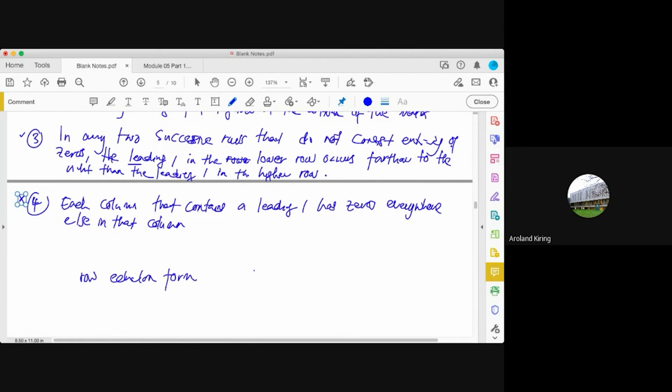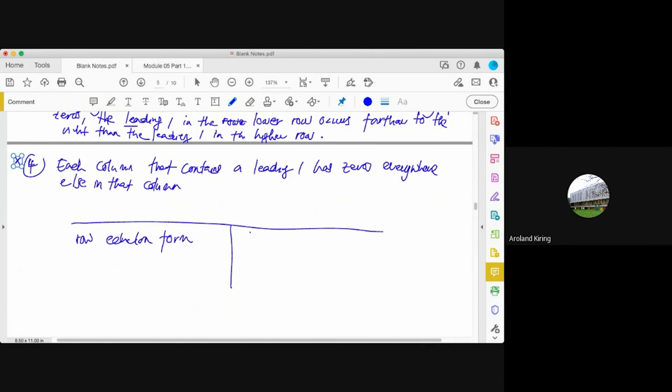Okay, so you have two forms. The first one is reduced row echelon form, usually denoted as RREF. The second one is a form we call row echelon form.